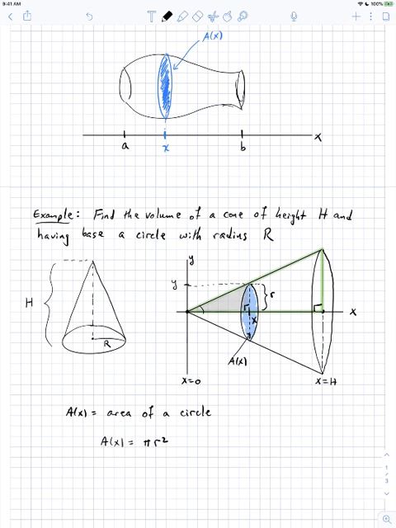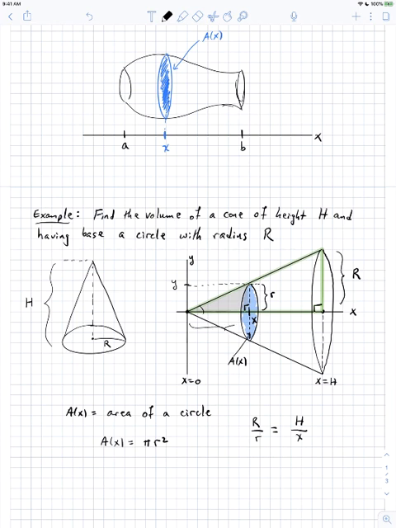So this length here, that's capital R, because the base of this cone is a circle having radius capital R. So capital R to little r, that's the altitude of the big right triangle to the little right triangle, is equal to the base, which is h, of the big triangle, to the base of the little triangle, which is x.